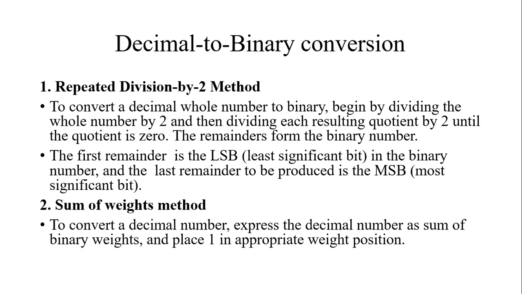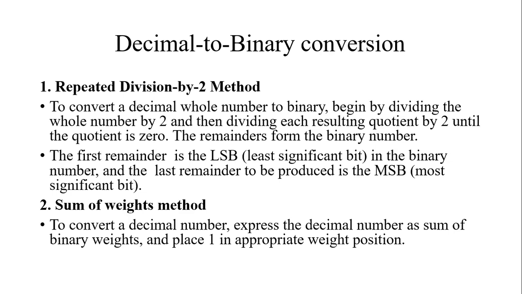To convert a decimal whole number to binary, begin by dividing the whole number by 2. The r here is 2, so divide the decimal whole number by 2, and then divide each resulting quotient by 2 until the quotient is 0. The remainders form the binary number.